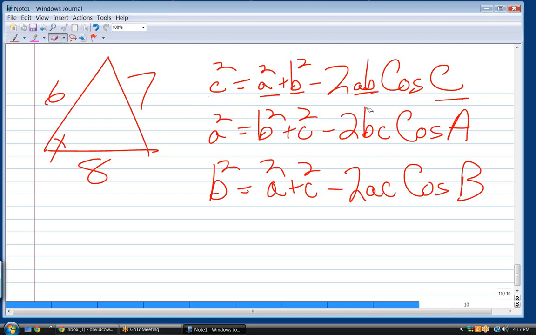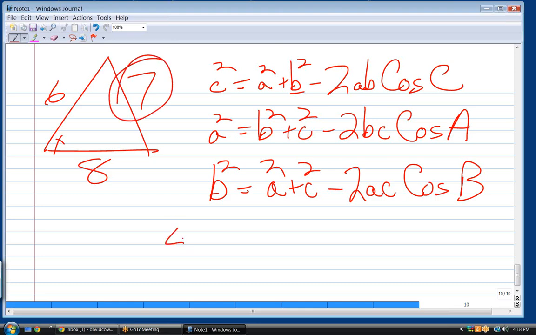So, if I was trying to solve this problem, well, if they say solve the entire triangle, then I can pick any side I want to start. If they said solve for that angle, then I'm going to let that be the left side.